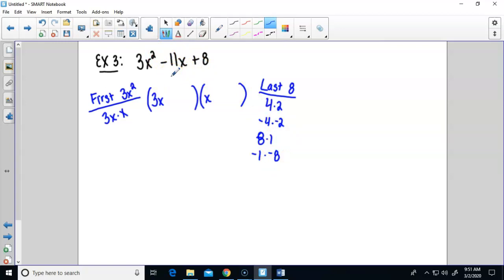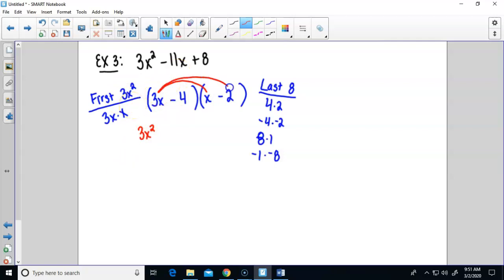So, Julie, which ones do you want to try? The negative 4 and negative 2 or the negative 1 and negative 8? Okay, so negative 4, negative 2. Alright, so if we multiply this back to check, 3 times x is 3x squared. If you want to skip writing that, that's fine because we knew it was supposed to be that.